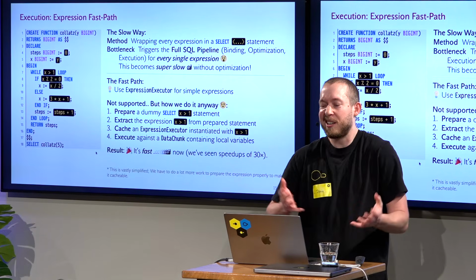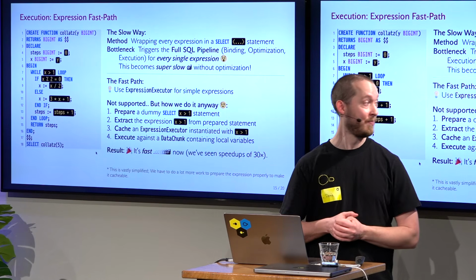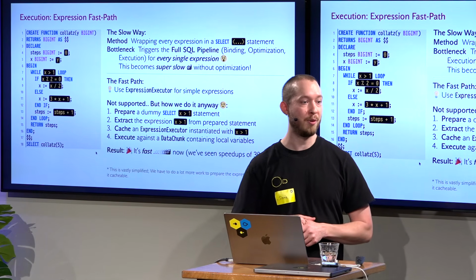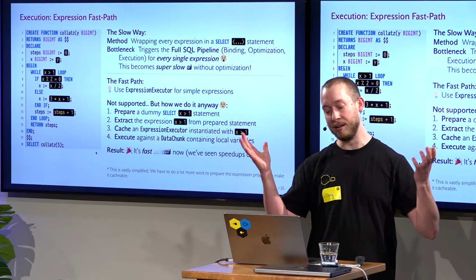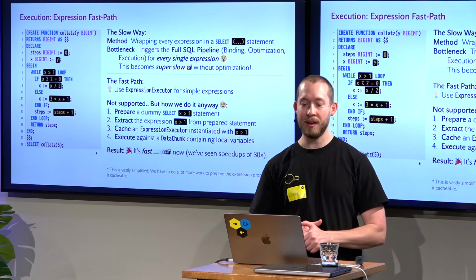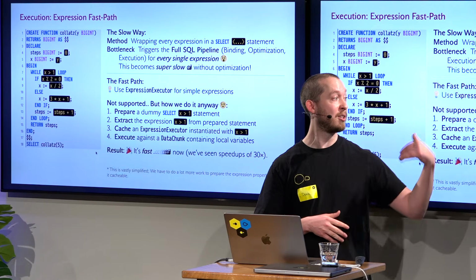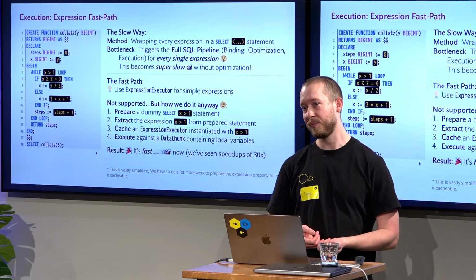We just extract this x greater than 1 expression from the statement we get. And instead of running the whole query executor on a whole data chunk, we can just use the expression executor directly and execute it against the data chunk.